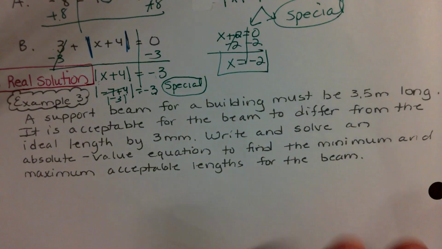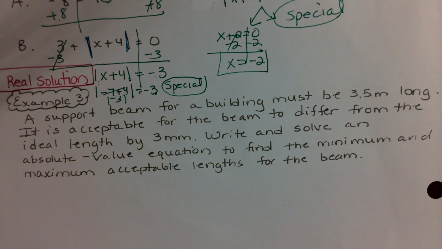Let's take a look down here. Last one. A support beam for a building must be 3.5 meters long. It is acceptable for the beam to differ from the ideal length by 3 millimeters. Write and solve an absolute value equation to find the minimum and the maximum acceptable lengths.